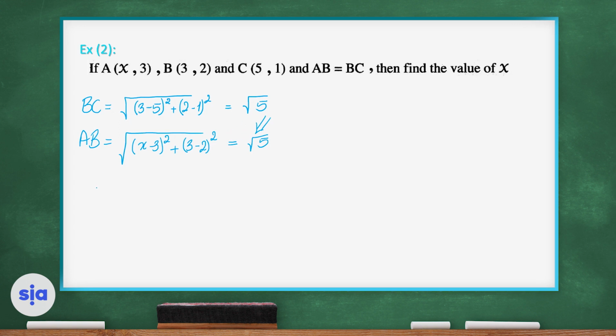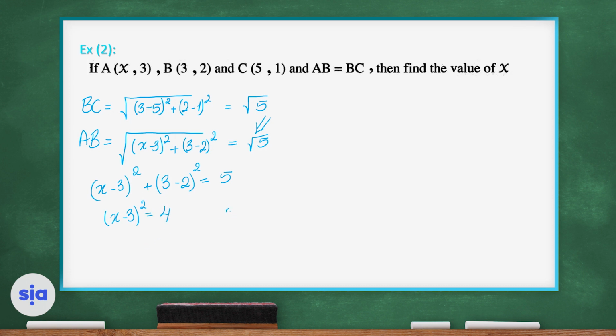Then (x minus 3) all squared plus (3 minus 2) all squared is equal to 5. So (x minus 3) squared is equal to 4.